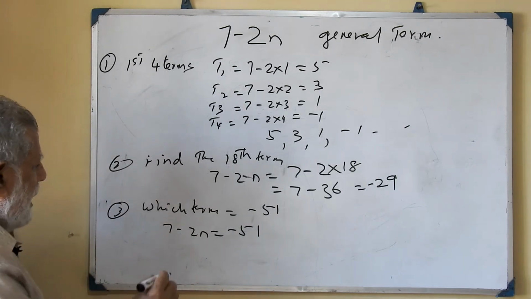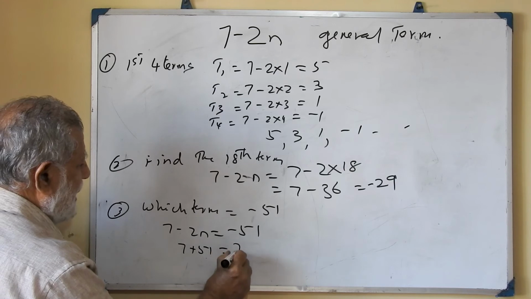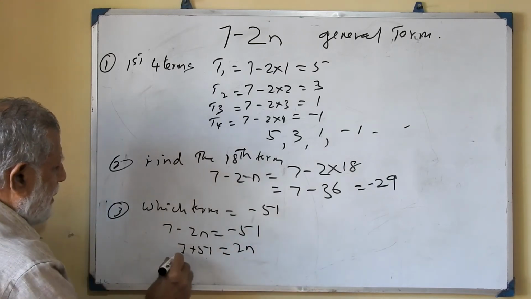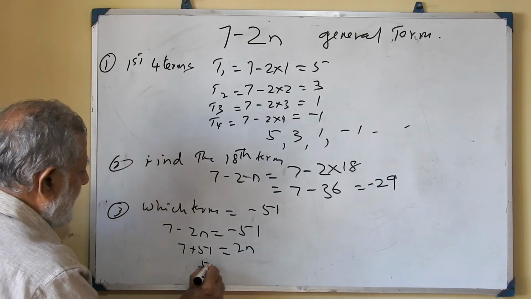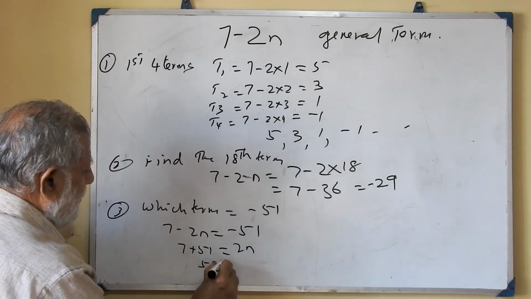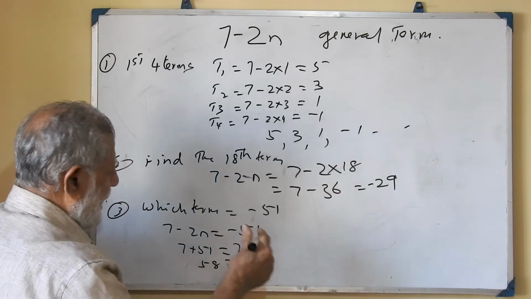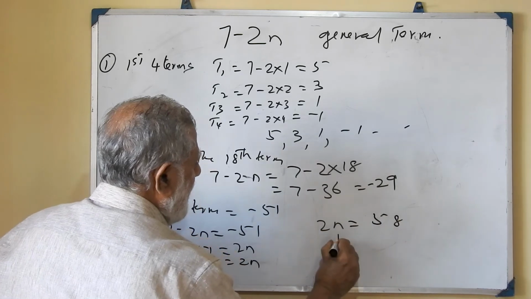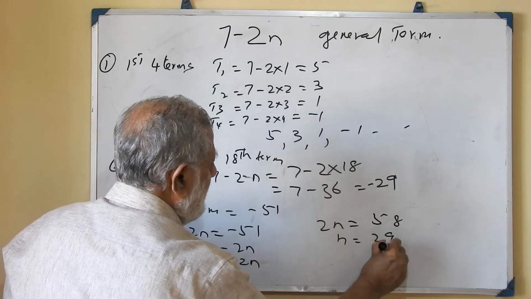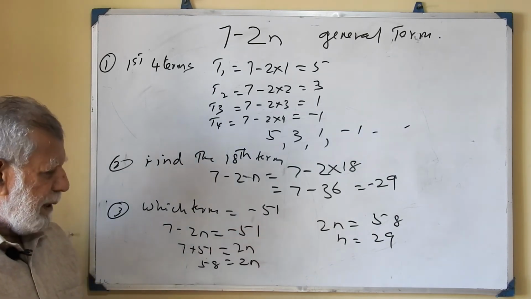Then the signs will change. So 7 plus 51 is equal to plus 2n. 7 plus 51 is 58. So 58 is 2n. Therefore n is equal to 29. So the 29th term is minus 51.